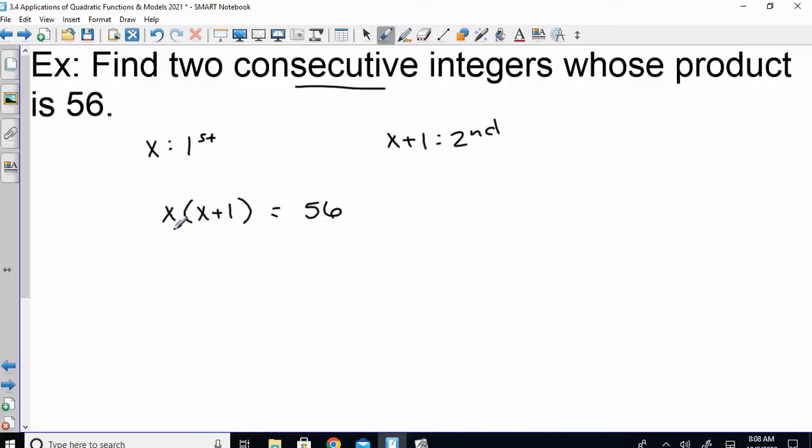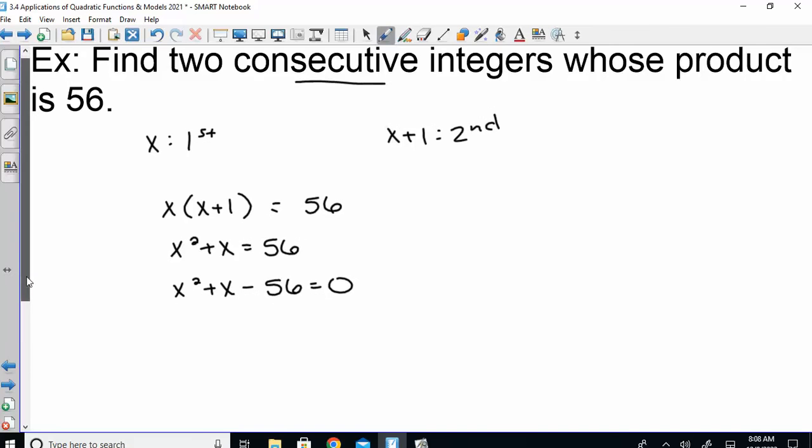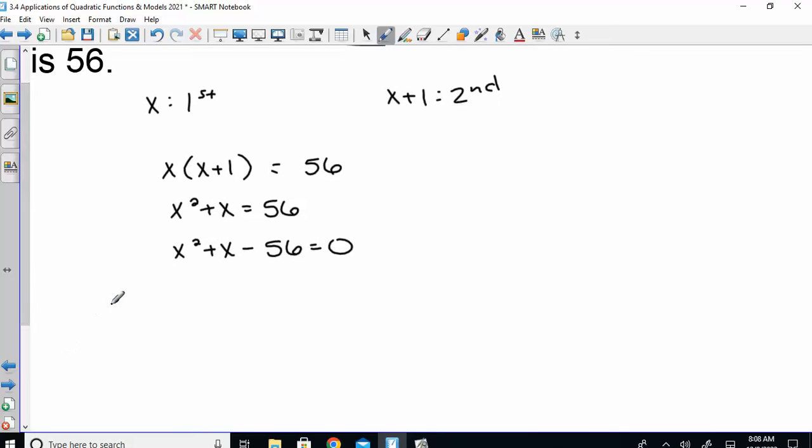Alright, so then this is a problem that we should be able to solve. So if we distribute, subtract over the 56. So then this does factor nicely.